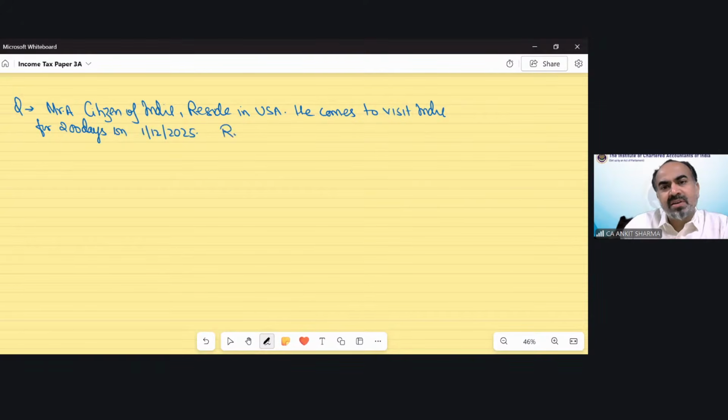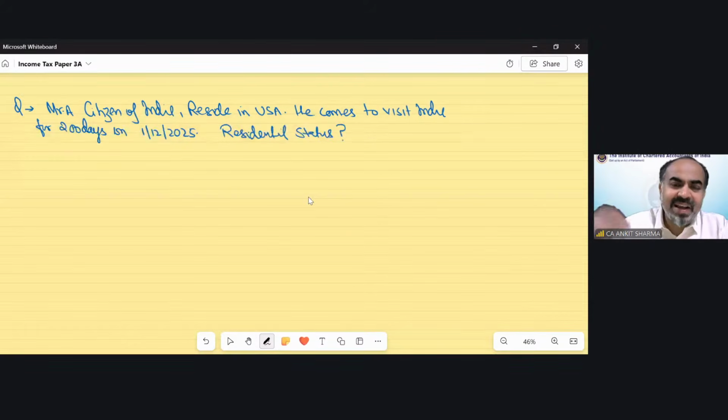Find out his residential status. Of course, if the income information has not been given, then consider it as less than 15 lakh rupees. Do not assume it is exceeding 15 lakhs, so you are applying the deemed resident concept. With the help of this information, you need to tell me whether he is a resident of India or not resident.